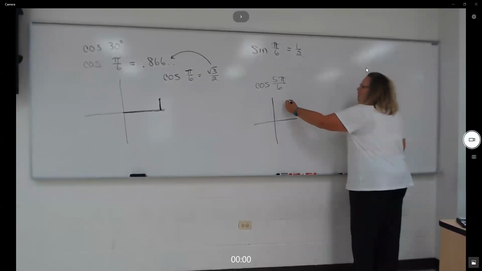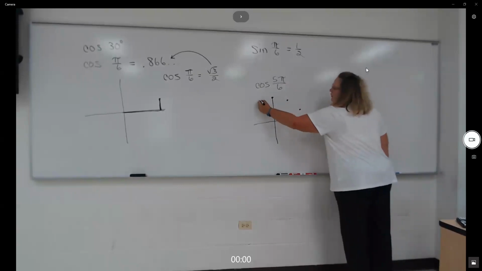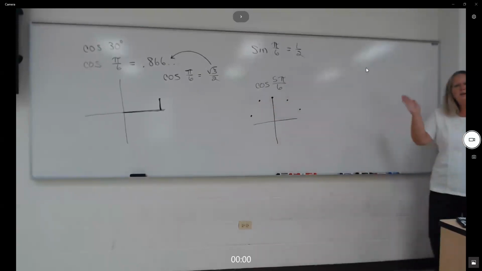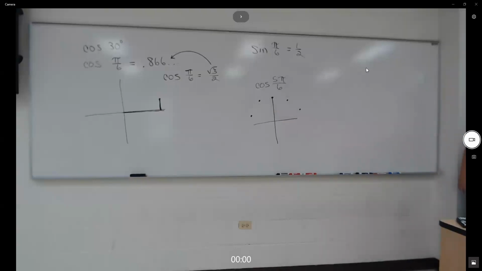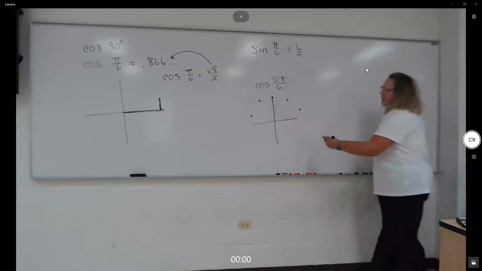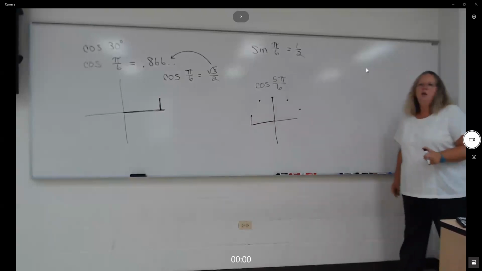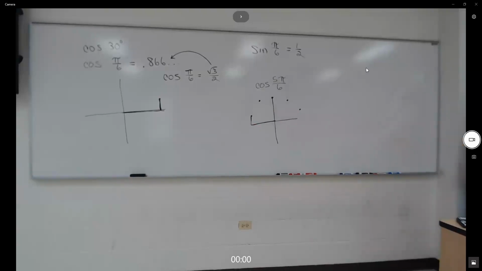1/6, 2/6, 3/6, 4/6, 5/6. So I kind of put it where it's at. And then I do long line, short line. Long line, short line. Is cosine the long line or the short line? Cosine goes with x, and x is always first.